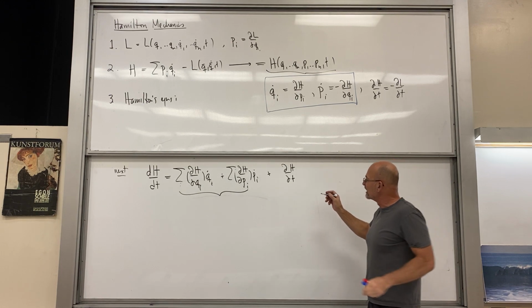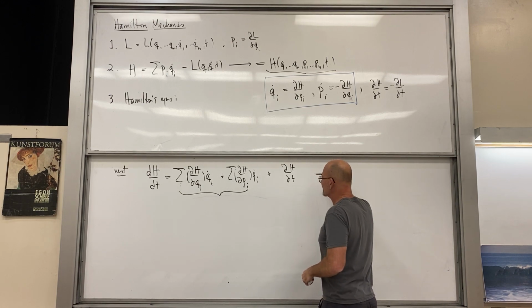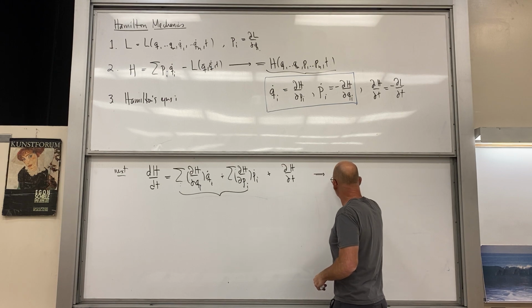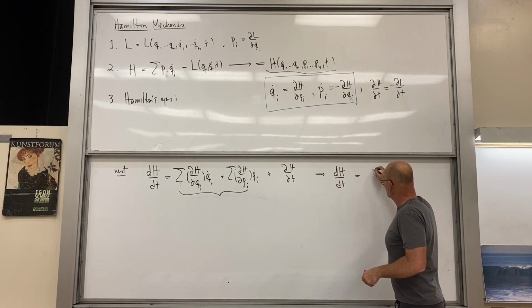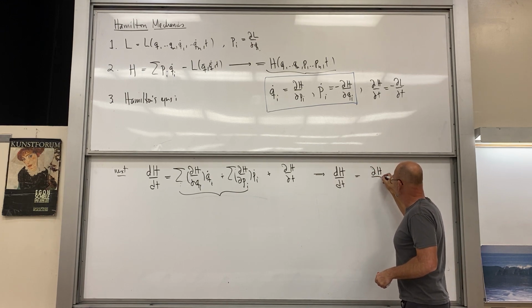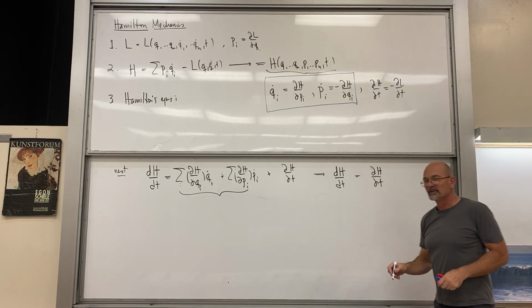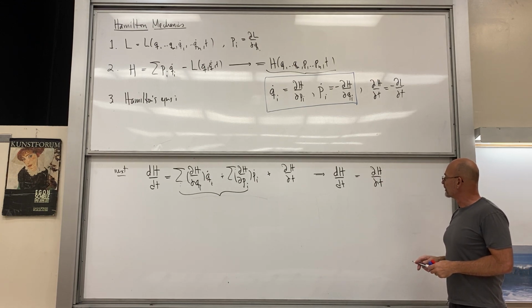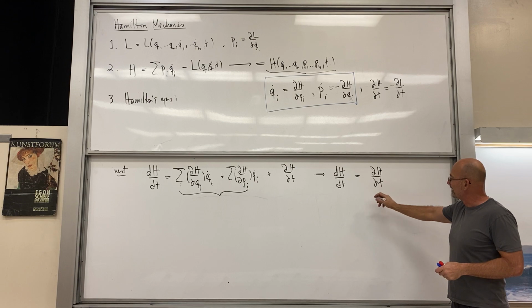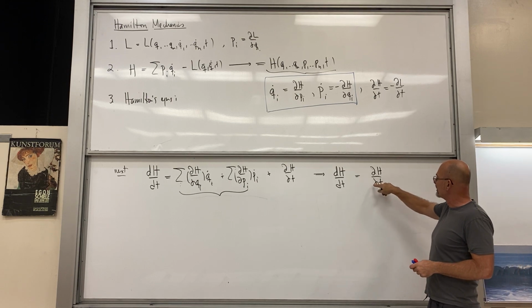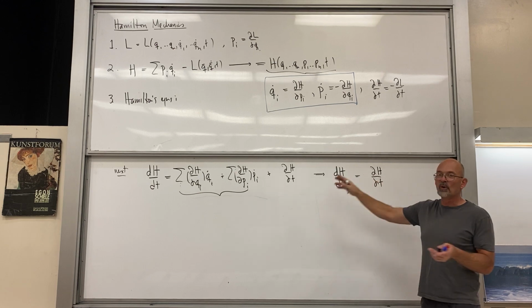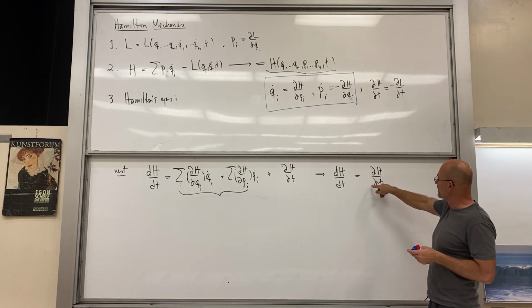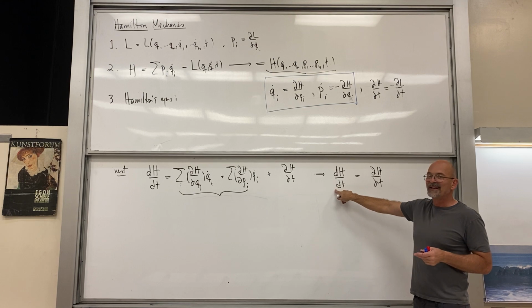And what you see then is explicitly what we had mentioned before, but explicitly proven now. The complete time derivative of the Hamiltonian is equal to the explicit partial derivative with respect to time of the Hamiltonian. And that is telling us that, without recourse to the Lagrangian expression, if the Hamiltonian does not explicitly depend on time, then it is conserved.